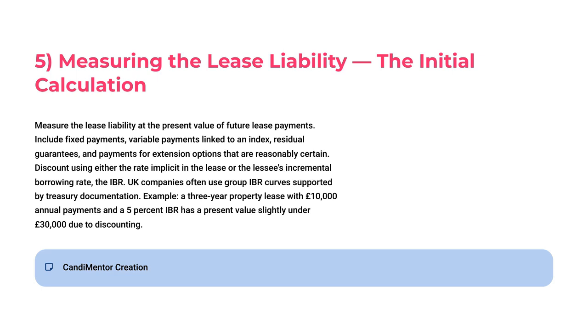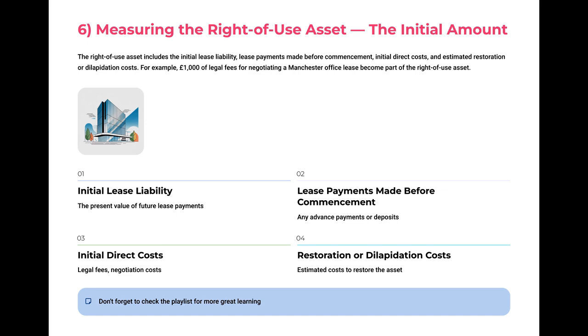UK companies often use group IBR curves supported by Treasury documentation. Example, a 3-year property lease with £10,000 annual payments and a 5% IBR has a present value slightly under £30,000 due to discounting.